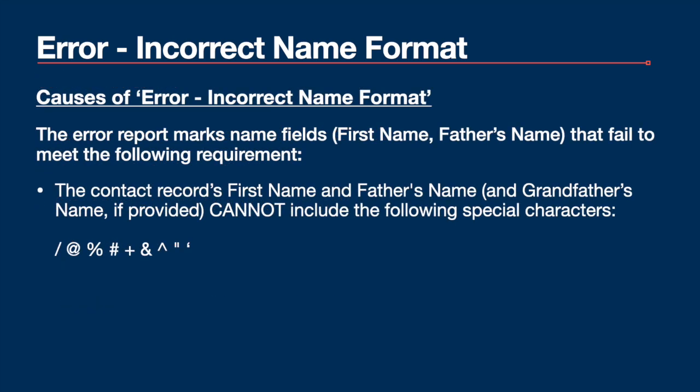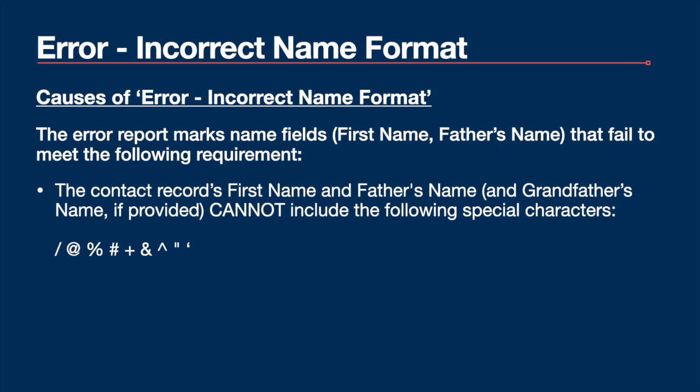The error for name format will typically revolve around special characters mistakenly being included in the first name field or father's name field. So the requirement for the data upload is to ensure that neither first name nor father's name, and of course that includes grandfather's name, include the following special characters.